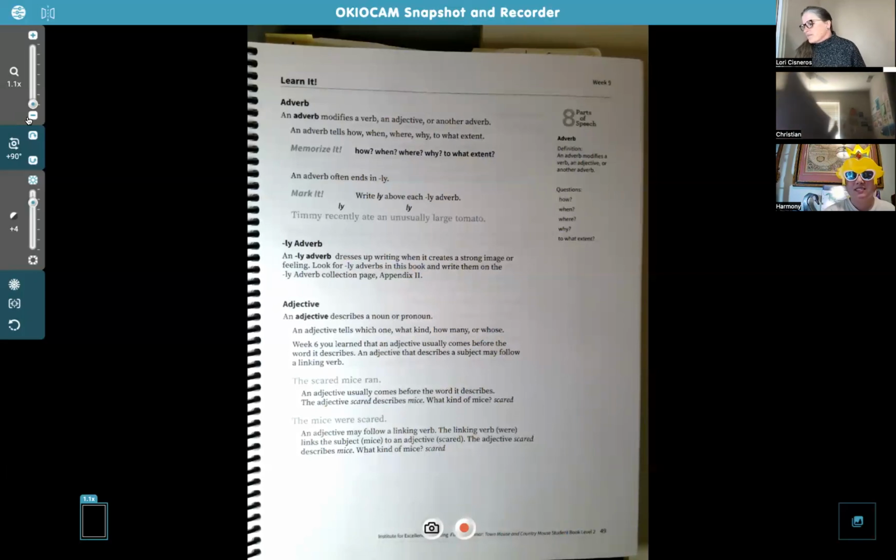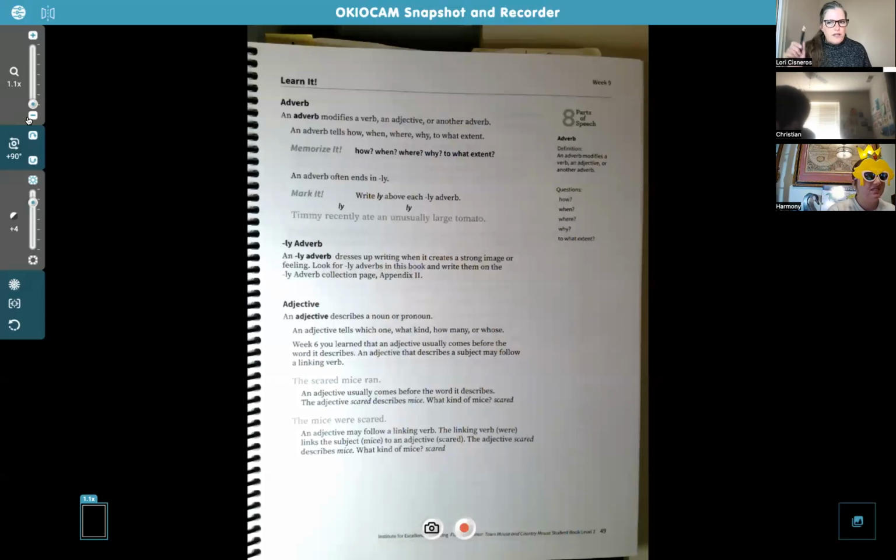But anyway, an adverb tells how, when, where, why, and to what extent. So when you're looking for an adverb in a sentence, you're going to start with looking for the verb, because remember, the adverb adds to the verb, right? Luckily, they named it adverb so we can remember that.